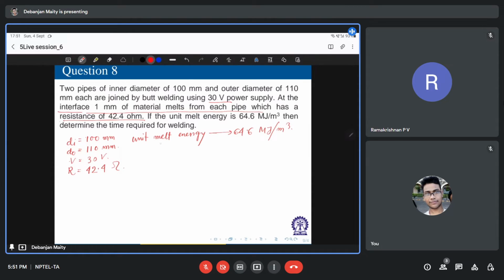So if this is given, we can find out the total amount of heat which is coming at the workpiece. This will be the given value into the volume. Now what is the volume? Okay, let's find out the volume separately.